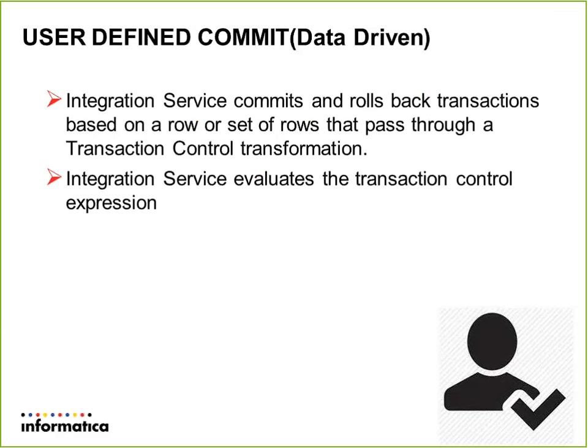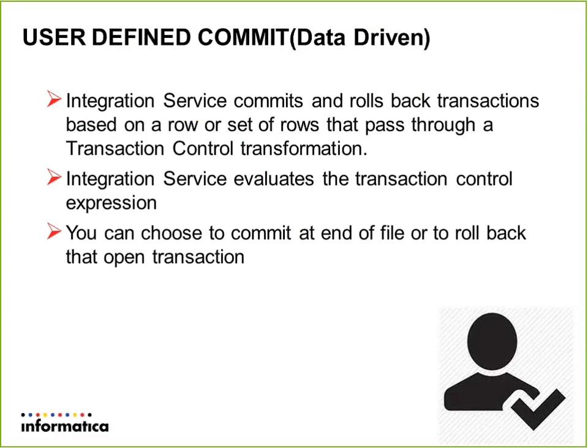The return value of the transaction control expression defines the commit or rollback point. You can choose to commit at end of file or roll back that open transaction. The entire responsibility to define the rows that are present in the transaction would be left to the user.